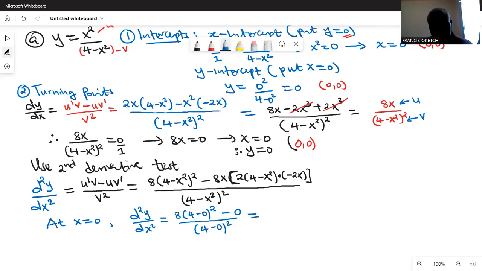What should this give us? 8 times 4 squared, everything over 4 squared. So that will give us 8. Our answer is 8 there.